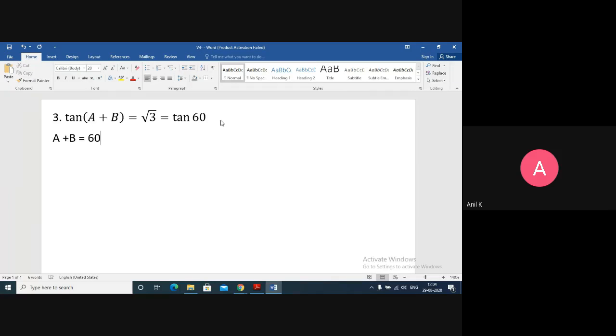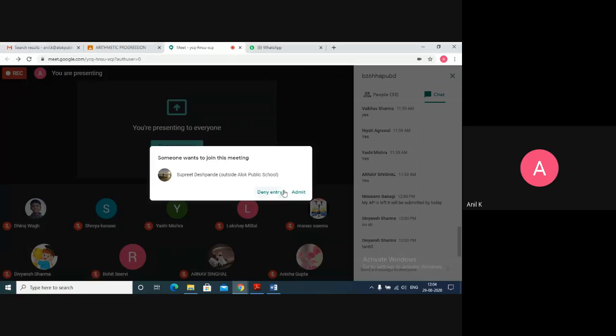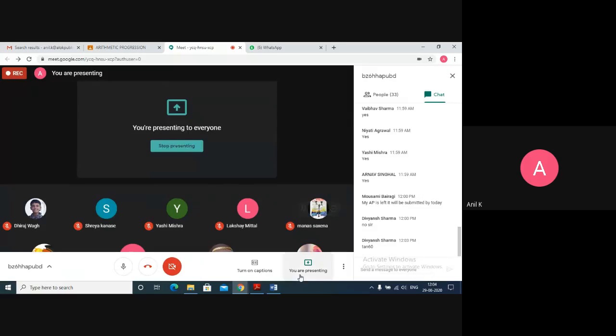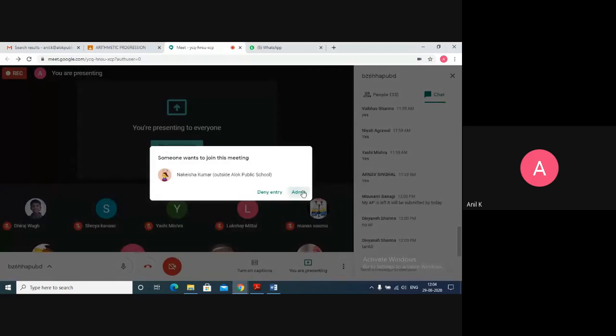Two trigonometric values, tan(A + B) and tan 60 degrees, are equal, which is possible when both the angles are equal. So the LHS angle is A + B and the RHS angle is 60 degrees. So A + B equals 60.